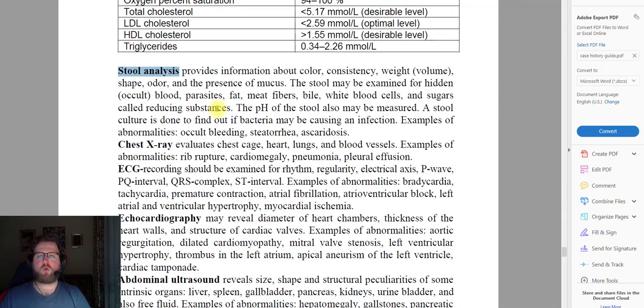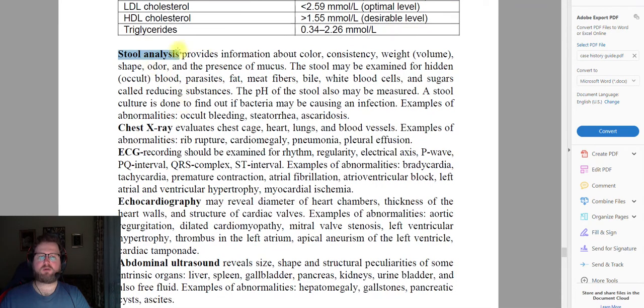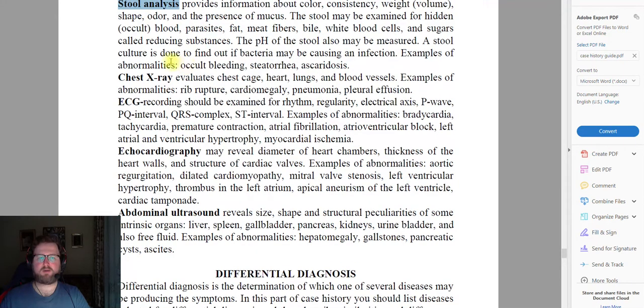So if we will be aware that this patient might have either salmonellosis or escherichiosis or cholera or some other intestinal infectious diseases, we will definitely need to check his stool for those microorganisms which cause these diseases, but that's not what surgeons do. So in our case history, we won't need that.